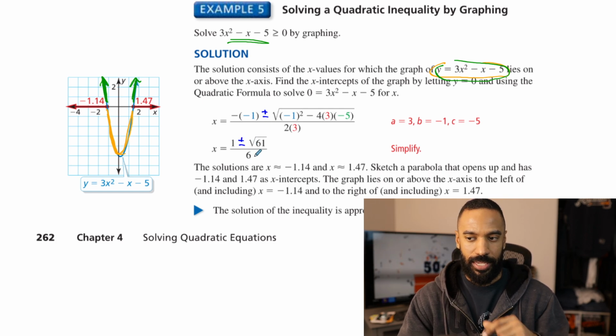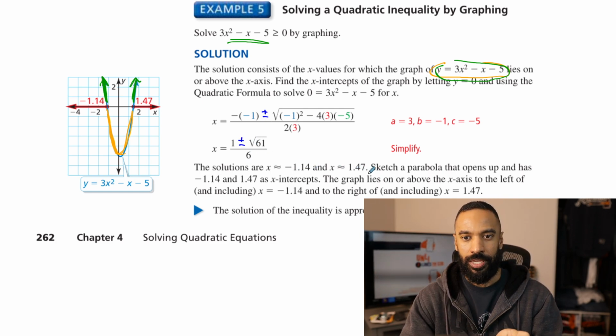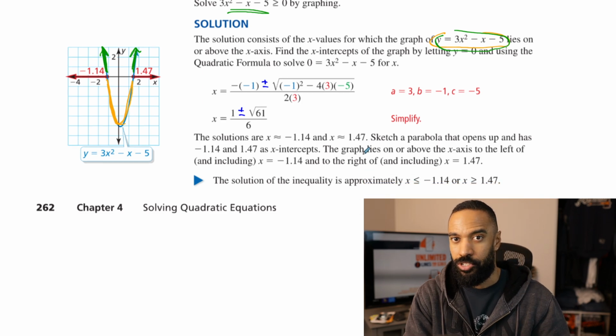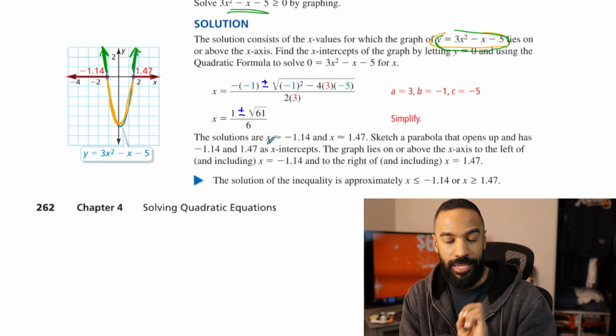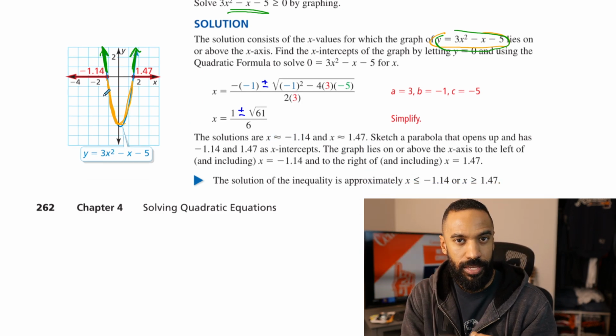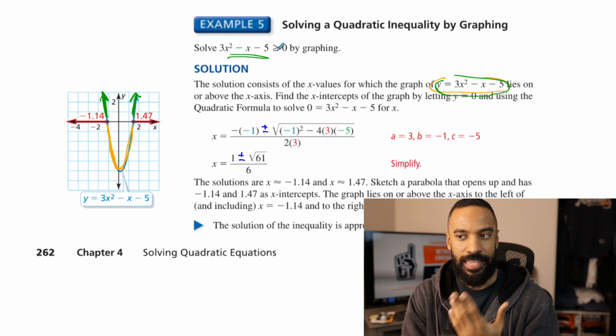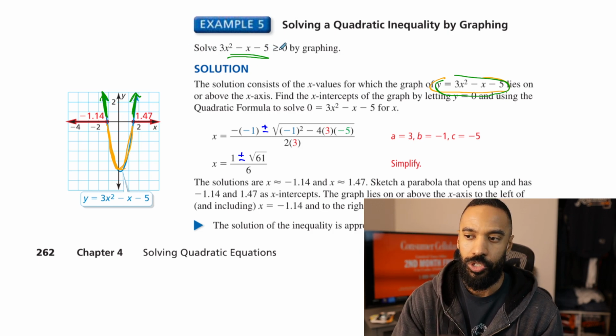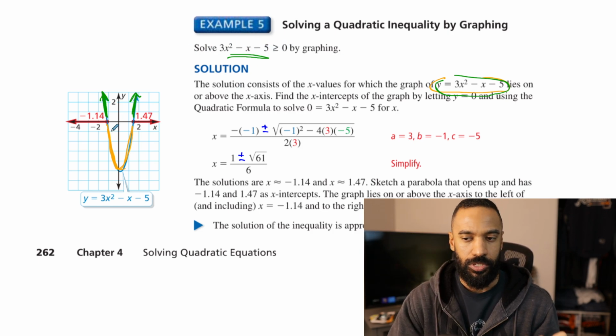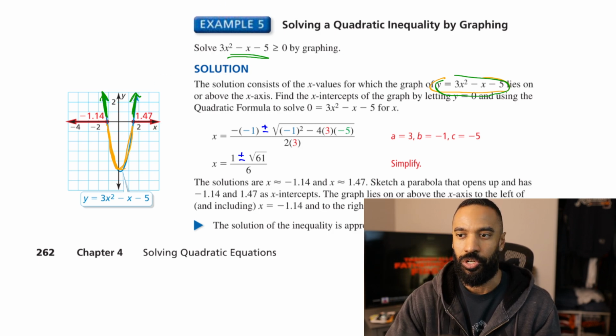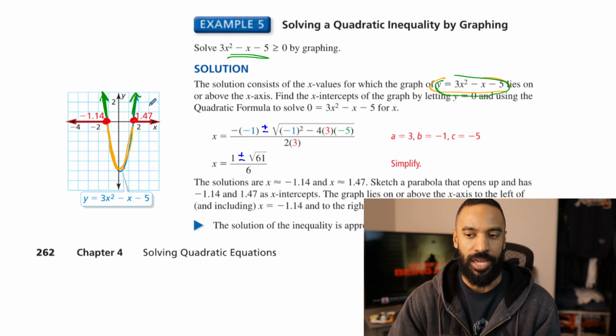Now, we're going to have to use a calculator to approximate their values, and they do here. These are the x-intercepts. You can be these x-intercepts specifically and still satisfy this inequality because equal to is allowed. See, if this were equal to 0, the x-intercepts would be the answer, straight up, point blank, end of story. That would be it, and you're done.